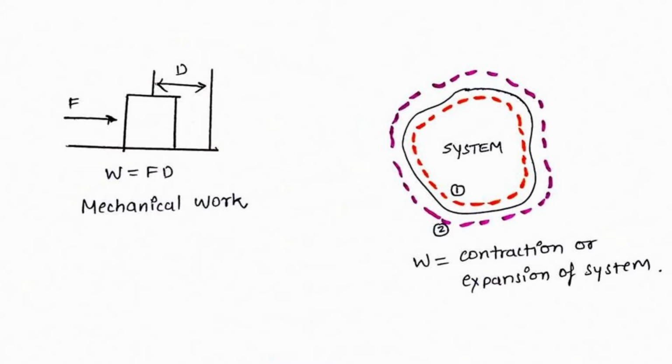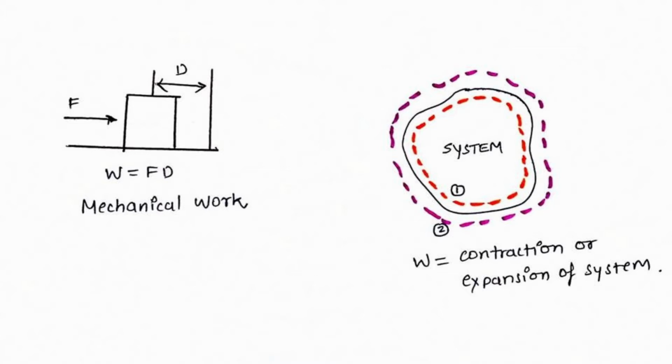But when we are dealing with thermodynamic work, the definition is quite analogous but different. In thermodynamics, instead of an object, we have a system, a thermodynamic system. So how do we understand if work transfer is taking place in a thermodynamic system? I told you earlier that a system boundary differentiates a system from the surroundings, and the surroundings are the whole universe itself.